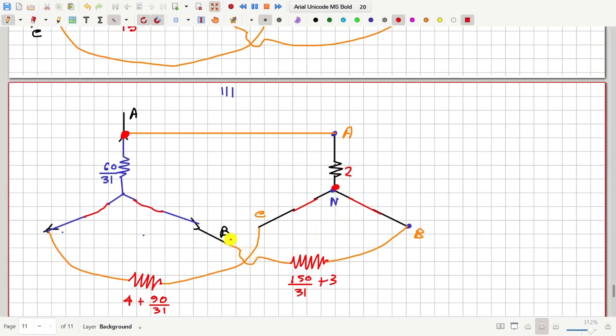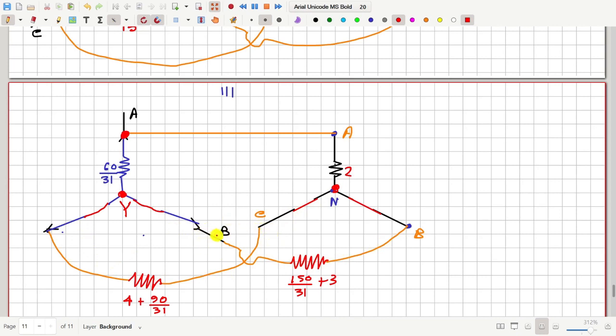Then you notice from here to here, if I call this point as Y, then from Y to N there are two resistors, they are in parallel.